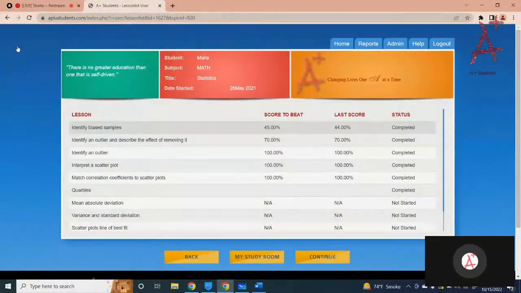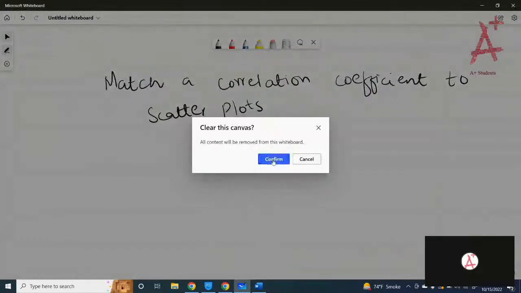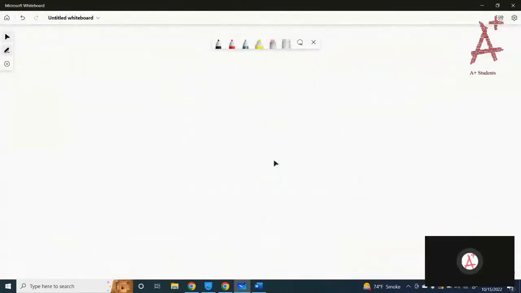The next one is quartiles. Let's start with the quartiles, and let's start with an example. In the data set shown below, what are the lower quartile, the median, and the upper quartile?